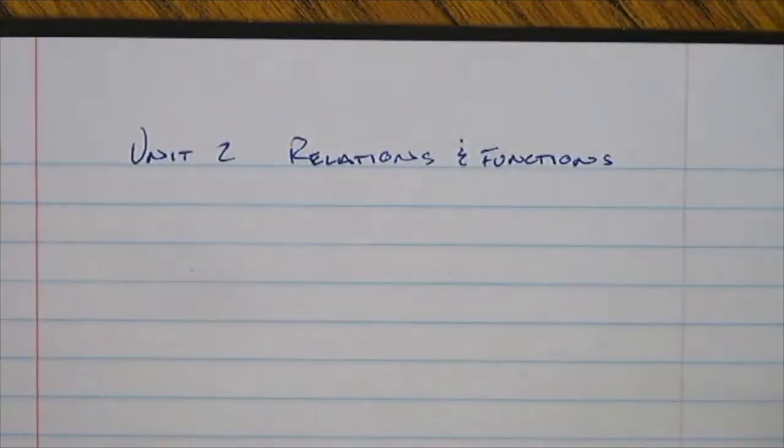A small part of the unit is going to focus on relations, and then the remainder is all about functions. So, real briefly, we'll talk about relations and some different ways that they're represented and some ways that you have actually seen them in the past.